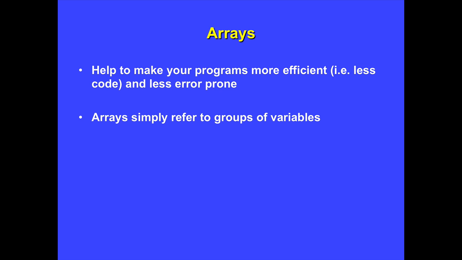And in the examples that I'm going to give today, arrays that we'll be using are simply referring to a group of variables. So imagine you have systolic blood pressure, diastolic blood pressure, weight, and age, and you want to somehow refer to all of those variables at the same time within a data step.